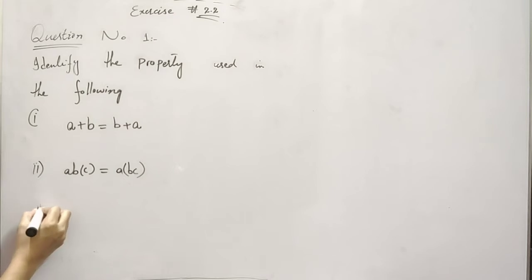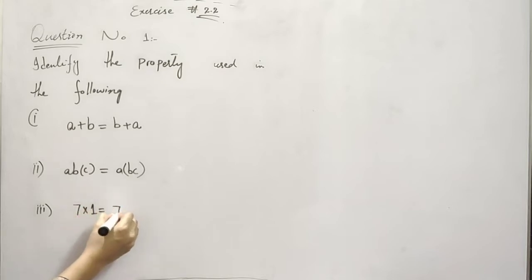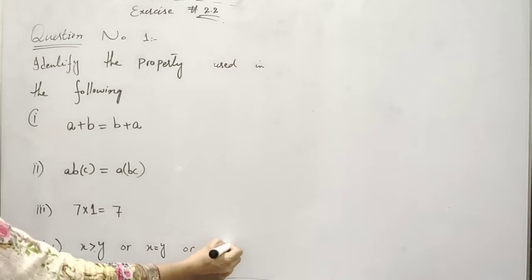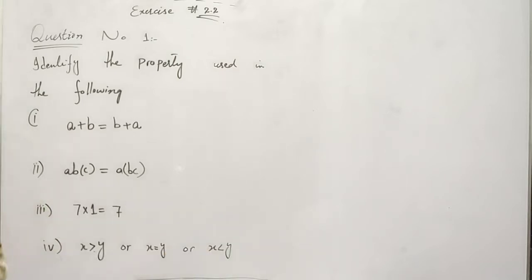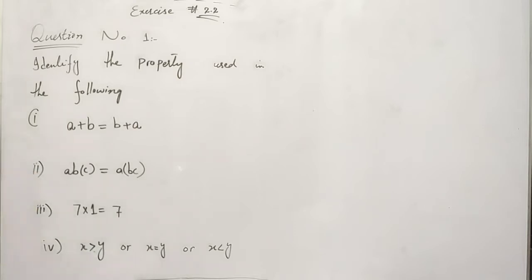The third part is 7 multiplied by 1 is equals to 7, and the fourth part is x is greater than y or x is equals to y or x is less than y. Okay, so these are the four parts of question number 1 of exercise number 2.2.